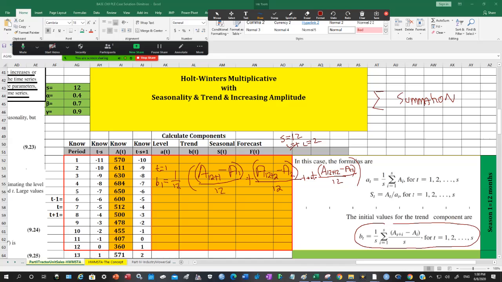Now you see that the t does not come into play in this formula, right? So when I calculate B2, it will be the same as B1. When I calculate B3, it will be the same as B2 and B1. So actually B1 equals B2 equals dot, dot, dot equals B of 12. So now this A of 12 plus 1 is A of 13.